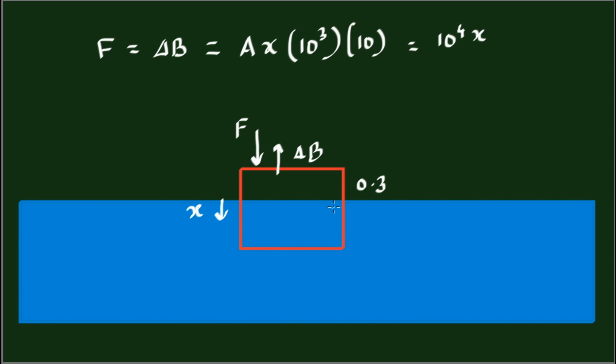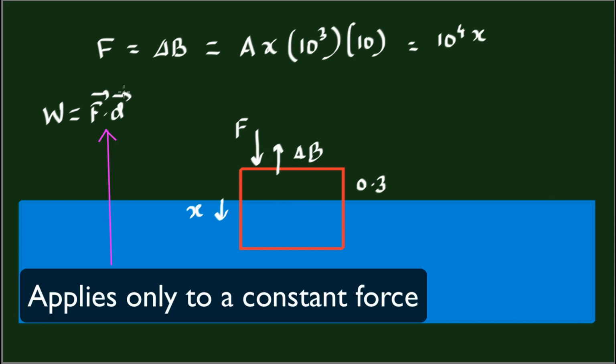So, starting with 0 force, slowly x increases from 0 to 0.3 meters, and so the force I have to exert to move it down gently is steadily increasing. Now the formula that you are familiar with for work done, F dot D, applies only to a constant force.